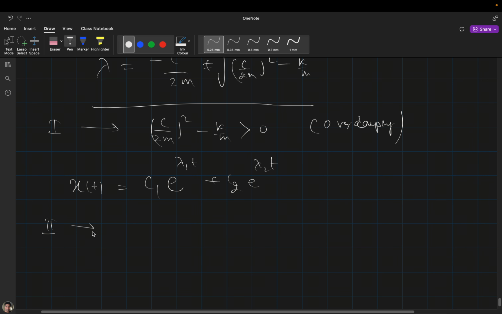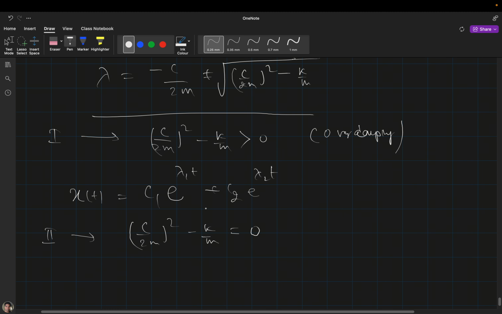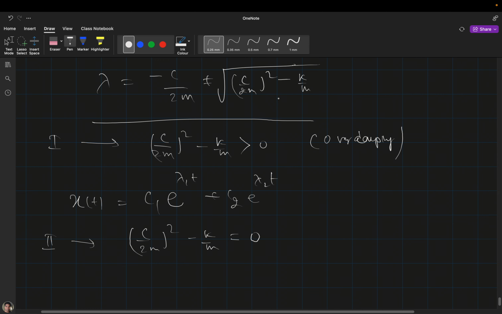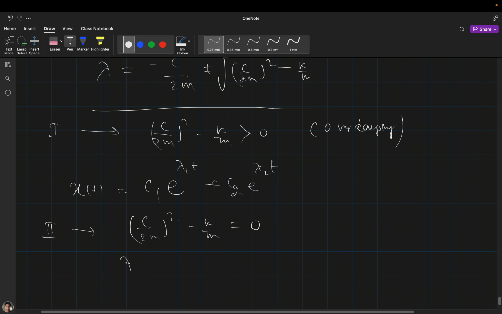And what is the critical damping? Critical damping is when (c by 2m) squared minus k by m equal to 0. Then this whole term will vanish, so you will get lambda 1 equal to lambda 2 equal to minus c by 2m.